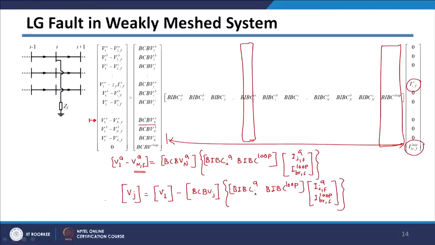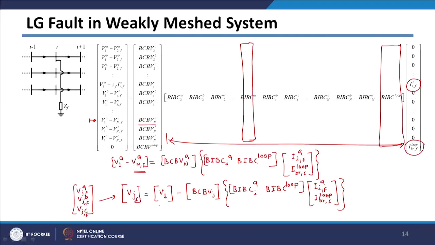Here we know that this Vj is nothing but Vja, Vjb and Vjc. To represent post fault I can just put comma f, comma f, comma f. Here also I can put comma f.